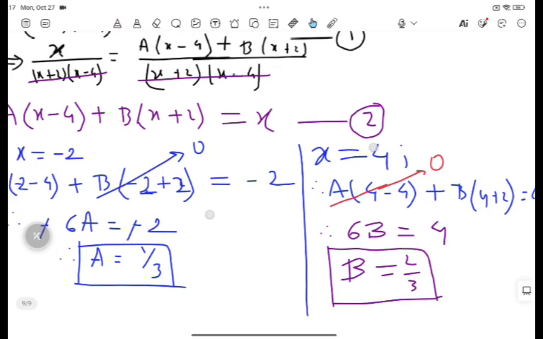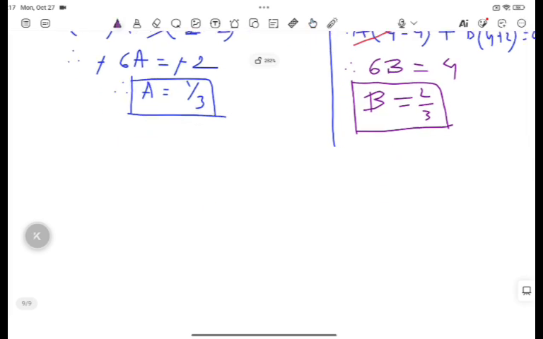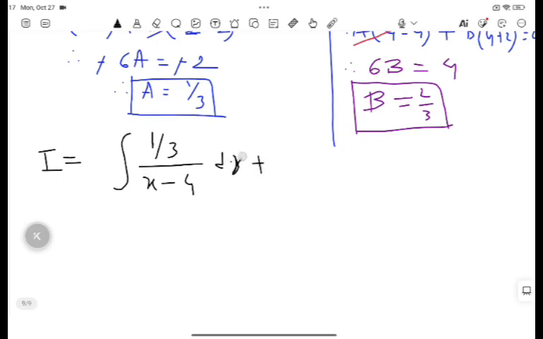This is how we find a and b by using partial fractions. Now the integrand has become this. You could follow. The integrand has become integral a upon x minus 4 dx plus integral of b, which is 2 upon 3, by x plus 2, x minus 4 dx.